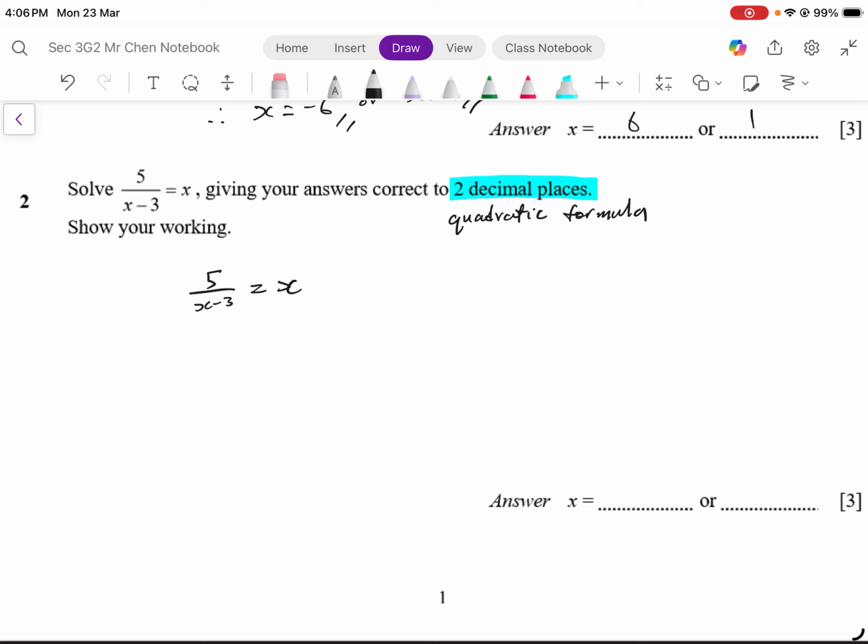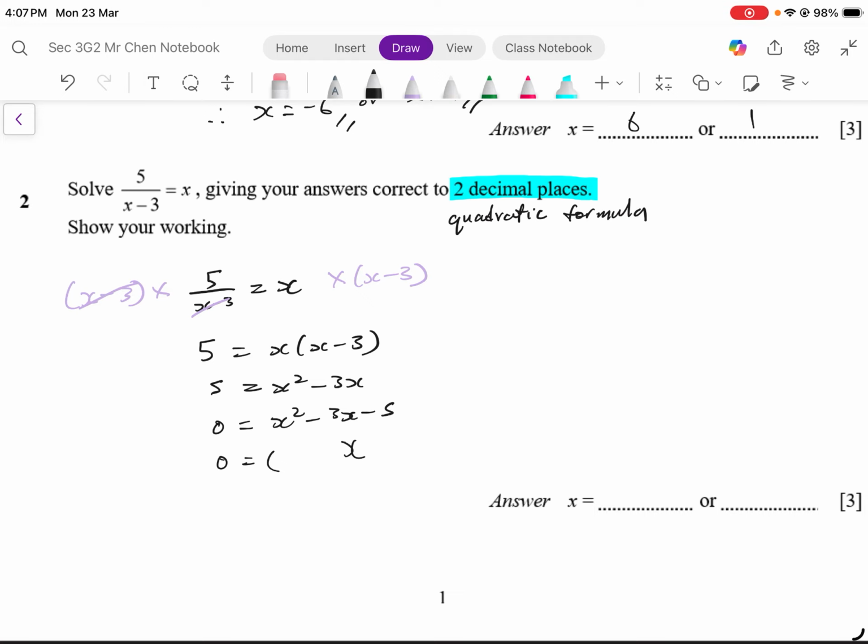Either cross multiply or multiply by x minus 3 on both sides. You should get 5 equals x bracket x minus 3, x squared minus 3x, 5. x squared minus 3x minus 5.